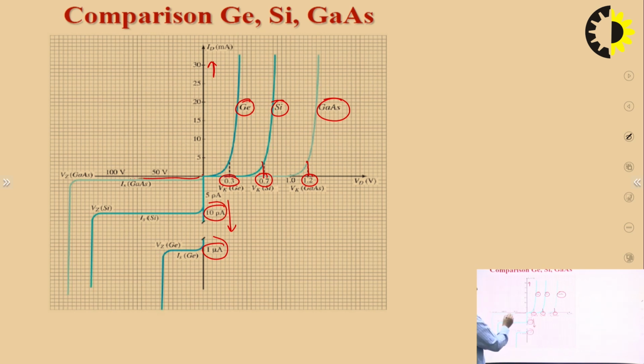This is the gallium arsenide breakdown voltage, this is silicon, and this is germanium. In germanium, the reverse saturation current is in the range of microampere, in silicon it is nanoampere, and for gallium arsenide it is in the range of picoampere.